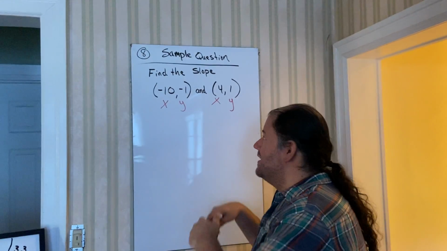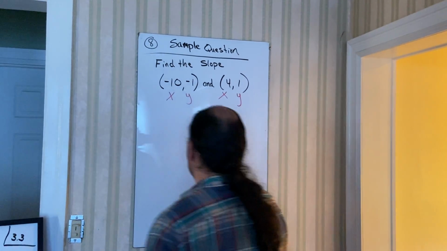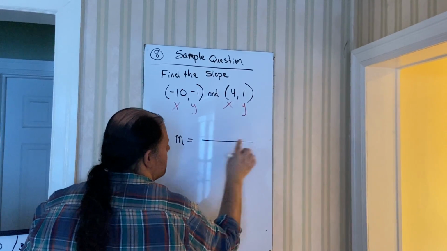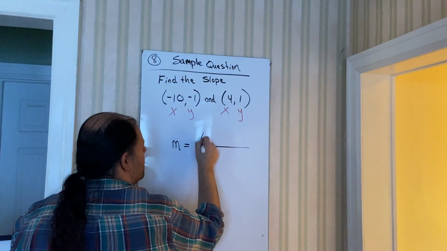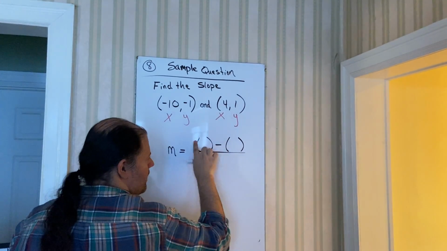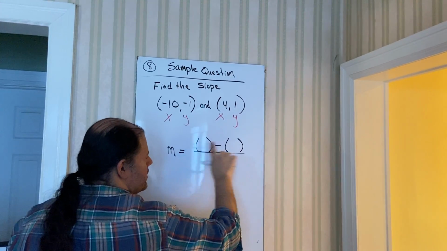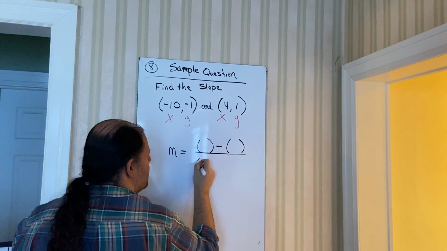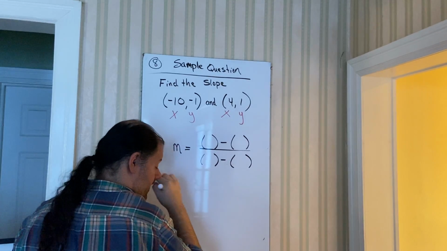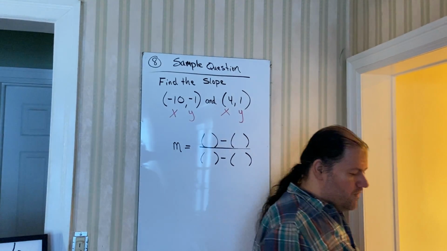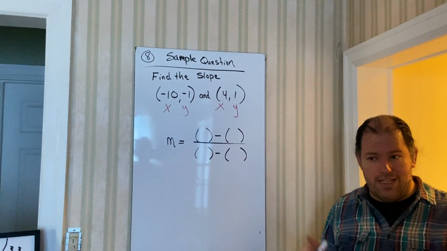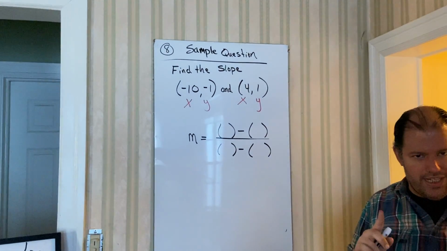So what I'm going to do is I'm just going to write out my bare bones formula, saying that m equals fraction bar, parentheses, minus another set of parentheses on top. Remember, this is going to be our change in y's. And at the bottom, it's our changes in x's. Now that you have the bare bones formula, I'll do this problem two different ways.